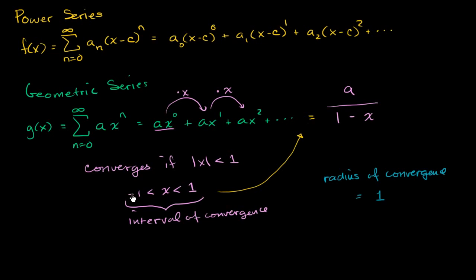Another way to think about it, our interval of convergence is going from -1 to 1, not including those two boundaries, so our interval is 2, and our radius of convergence is half of that. As long as x stays within 1 of 0, that's the same thing as saying this series is going to converge.